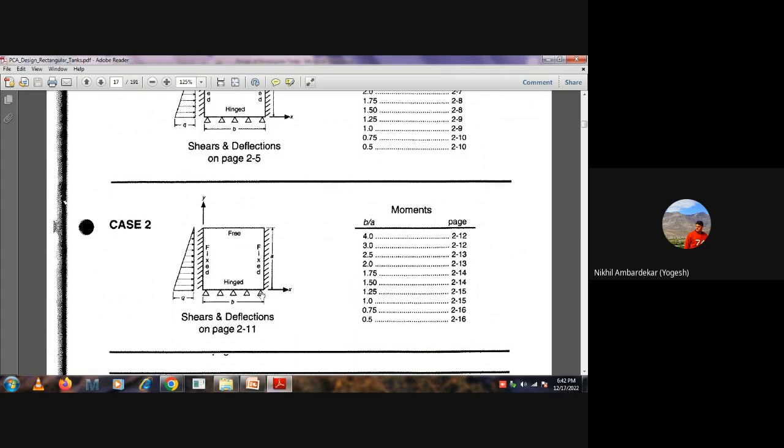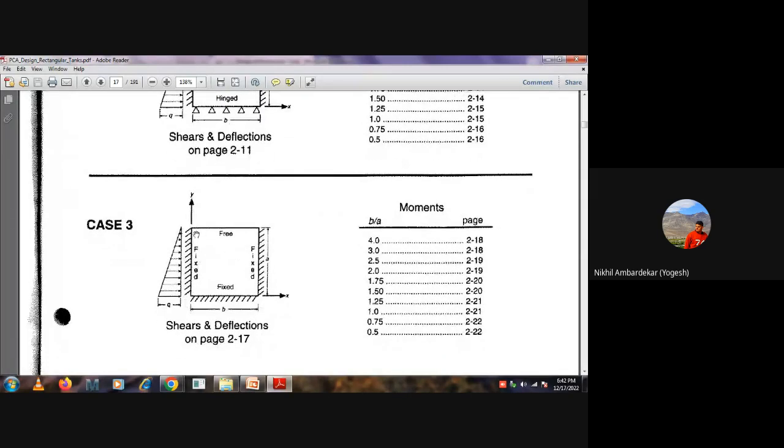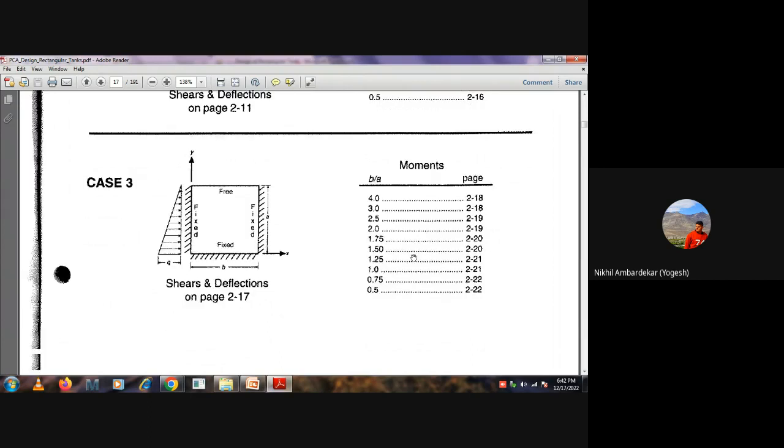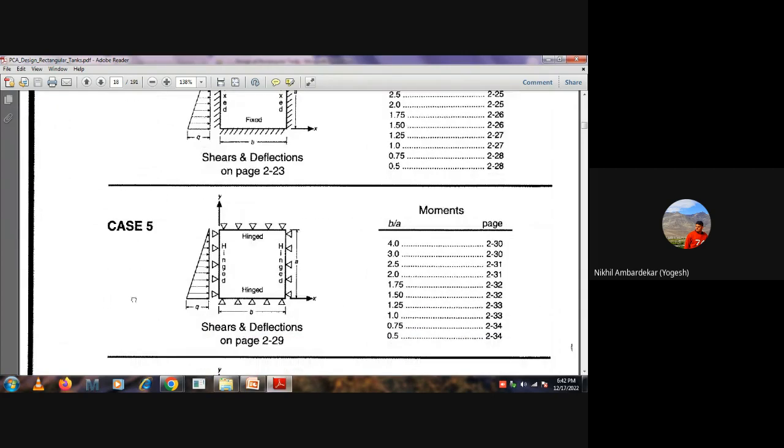So if I go to page number 3, case number 3, what will be the case? Now this wall panel is fixed everywhere, fixed at the sides, fixed at the bottom, and the top is free. On the right side it is the same. If I go to the next cases, 3 sides fixed with top pinned, and next, case 5, all 4 sides hinged or pinned.